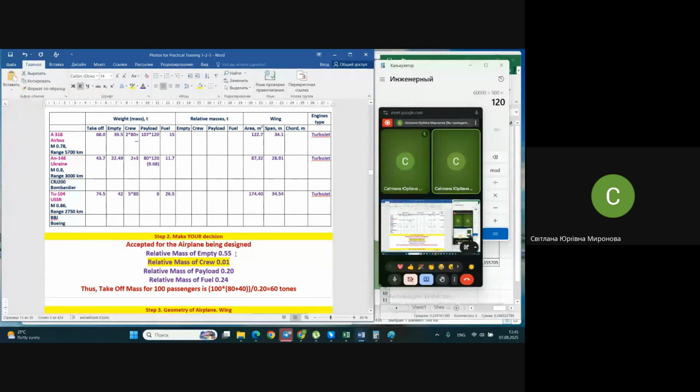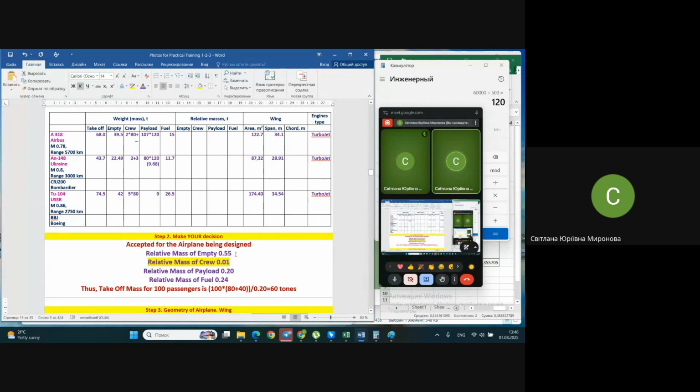Why do we use it? Because it's simpler to find it on the internet or in some reference books that you are going to use about parameters of different airplanes. Next, crew. Crew, I also explained how to calculate. Next, payload. We have calculated relative weights, and we know the absolute weight of our payload.